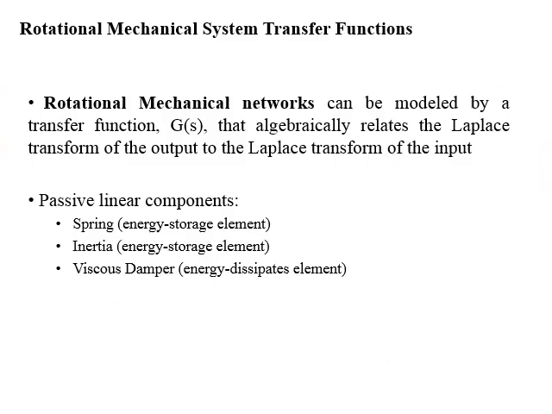Dear students, now we will start the rotational mechanical system, in which we will study the components used and how we will find a transfer function for a rotational mechanical system. Again, in this system, the passive linear components used are spring, inertia, and viscous damper.